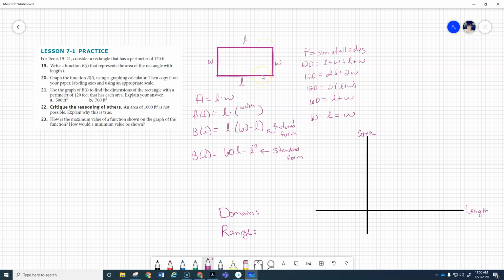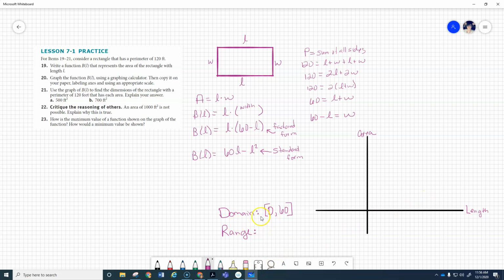And that's as big a number as it could be, because 60 plus 60 would give me 120. So there's no reason on this x-axis that I should include any numbers other than 0 to 60, because if my length is nothing, then my width is going to be 60 apiece, and if my length is 60, then my width is going to be 0. So the domain right here should be 0 to 60.